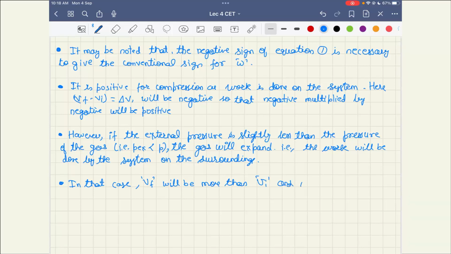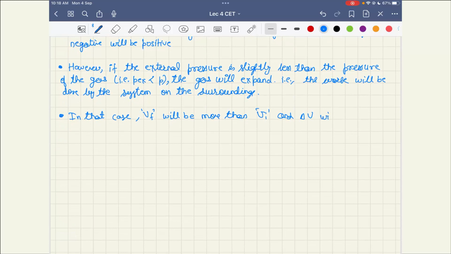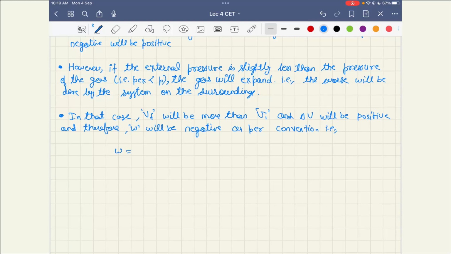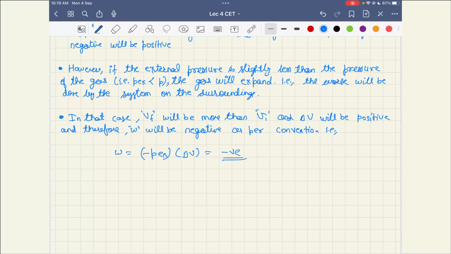And delta V will be positive, and therefore W will be negative as per convention. That is, W is going to be minus P external into delta V, which is going to be negative.